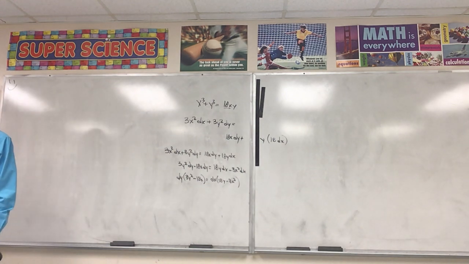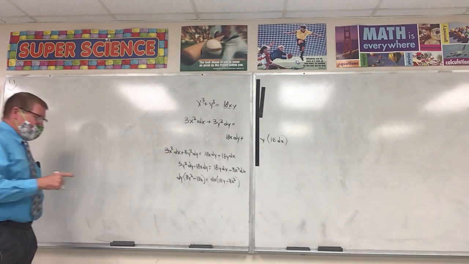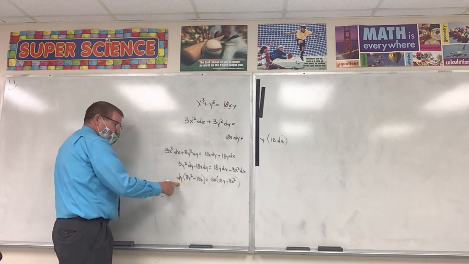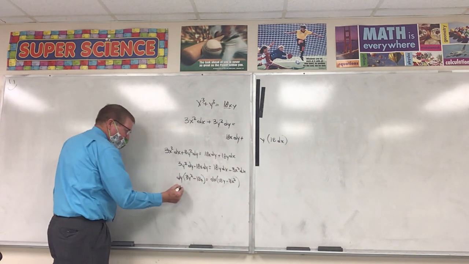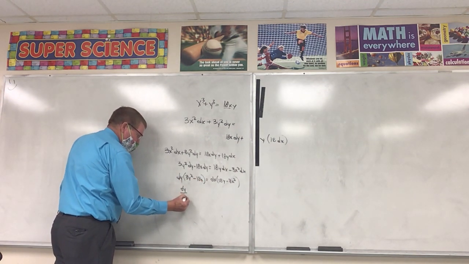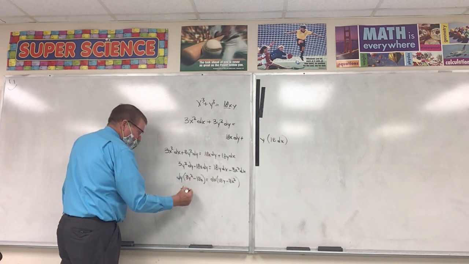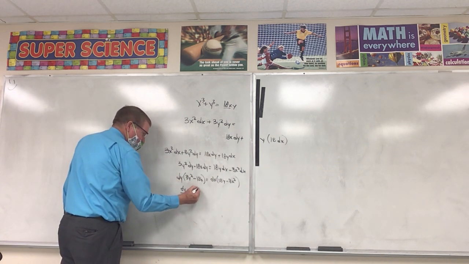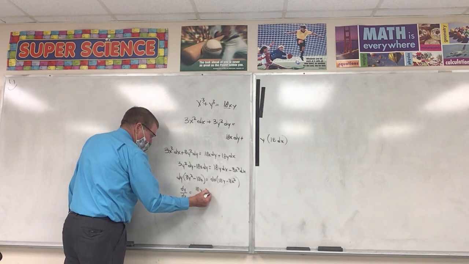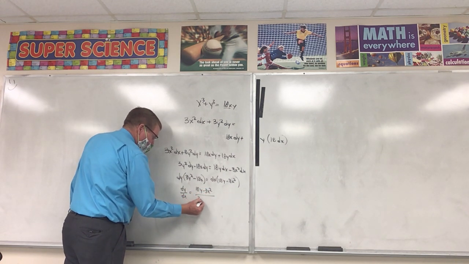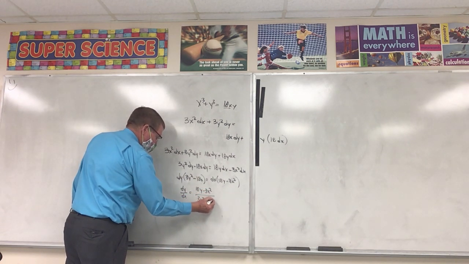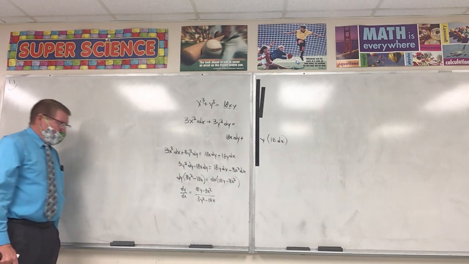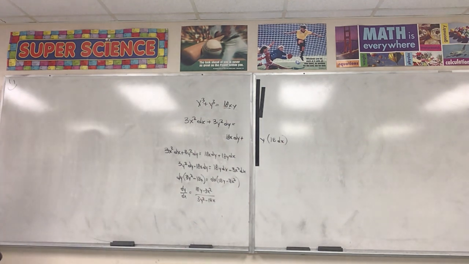Again, my goal is to get dy over dx. So I want to get the dx over here. How do I do that? By dividing. And I take this over to the right, because I don't want it with a dy. I notice I have 18y minus 3x squared over 3y squared minus 18.